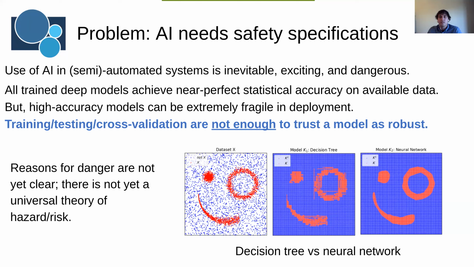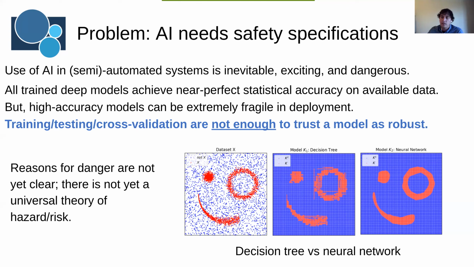In the middle picture, you see a picture of a model. We trained a decision tree, and you don't have to know what the decision tree is or how it works, but what you should know is that the decision tree is a classifier. For any pixel in that two-dimensional grid, if the pixel is red, that means the decision tree is predicting it to be the in class, and the blue pixels are the out class.